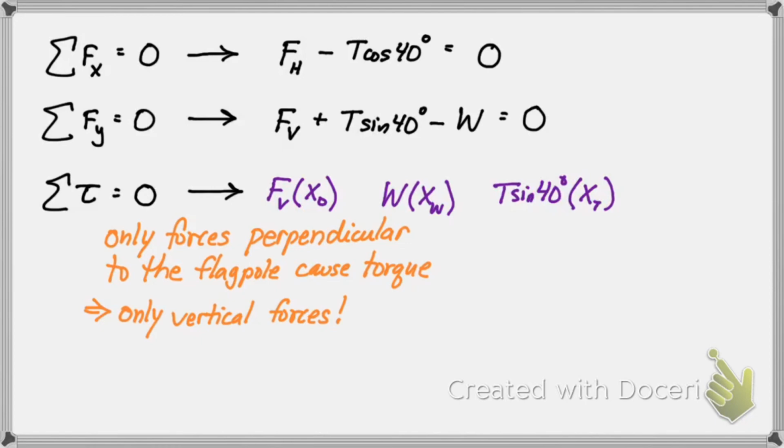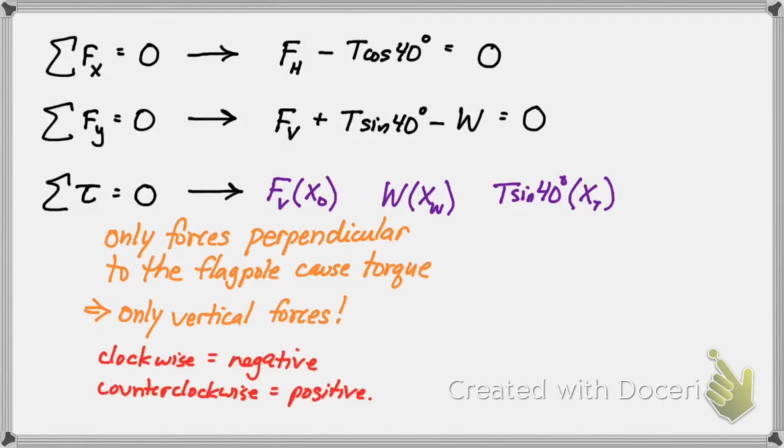Now we've got to decide which ones are plus and which ones are minus. Which ones do we add? Which ones do we subtract? Well, the rule is if the force wants to cause a clockwise rotation, then it's negative. If the force wants to cause a counterclockwise rotation, then it's positive. Well, that vertical force of the bolt is at position 0, so it's really not going to cause any rotation.